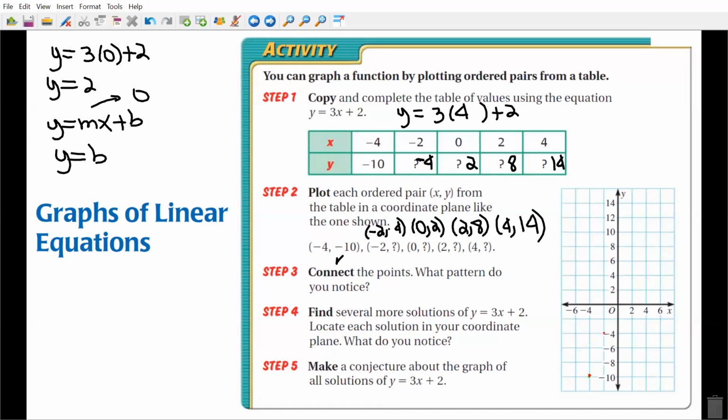And then 0, 2. So it's going to be here. And then 2, 8. And finally 4, 14. And after that, I am going to connect those points with a line.